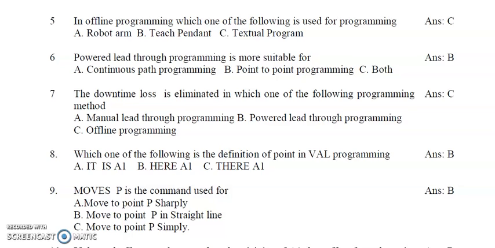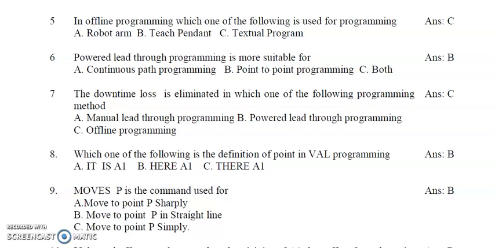In both cases we need to teach or program the robot while the robot is not in operation. But in offline programming we can program somewhere else and then download it to the robot, so the robot can be operated. So the downtime loss is eliminated by the offline programming method.